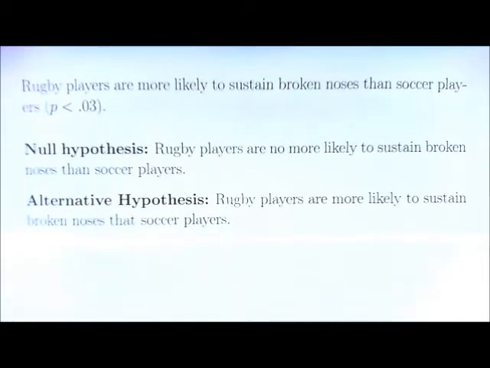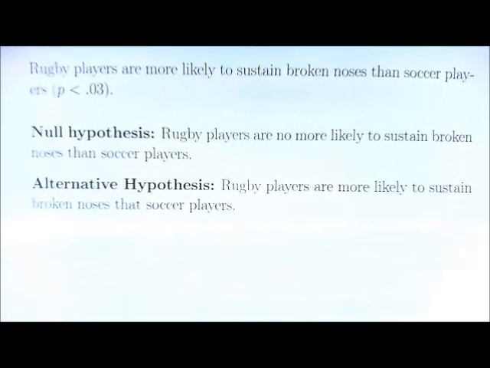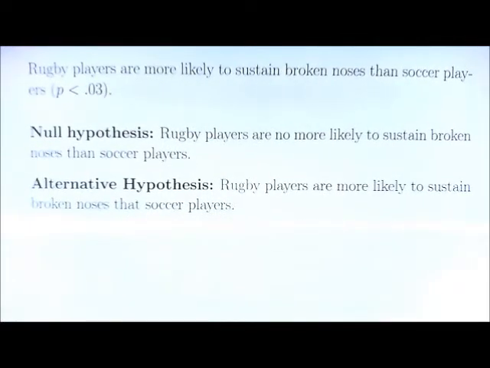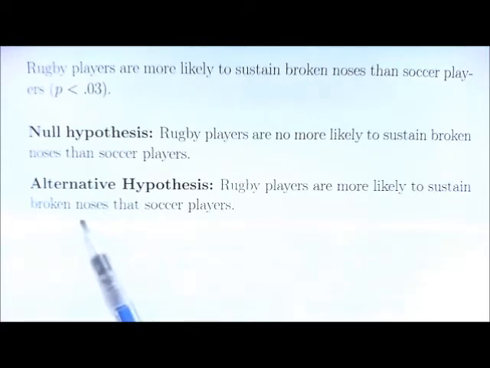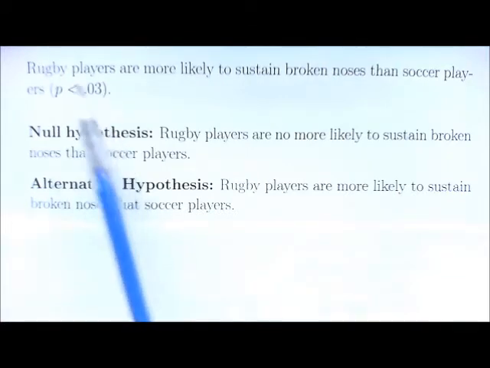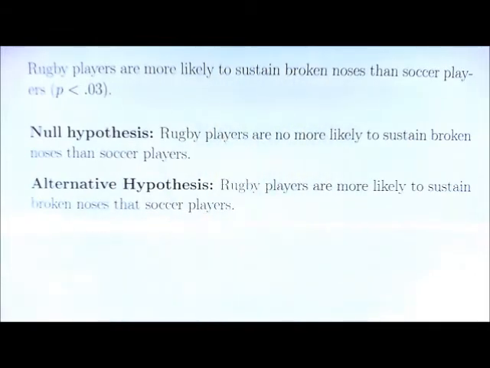Now, the p-value. What we need to do is understand that any conclusion reached in statistics has some amount of doubt attached to it. So we can't conclude for absolute certain that rugby players are more likely to sustain broken noses than soccer players.